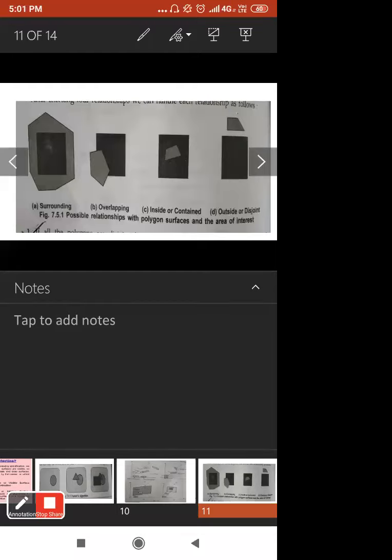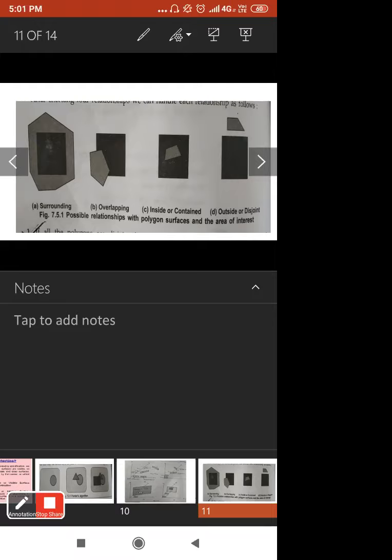Then the second case is the overlapping or intersecting polygon. In diagram B you can see the polygon is somewhat overlapping or intersecting your area of interest. In the third case, it is the inside or content polygon, which means it is inside your area of interest. By viewing it from some angle, you can see this polygon properly.